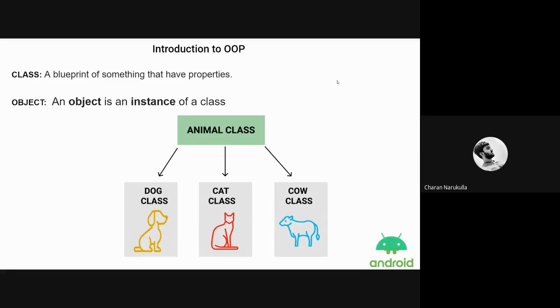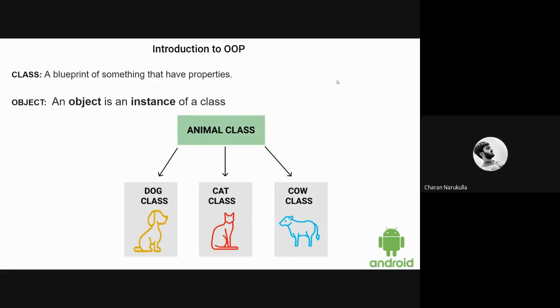For example, assume there is a class with the name animal, and we commonly know that animals have legs and ears. Let me say ear as a property, and ear length or ear color may be different for different animals.